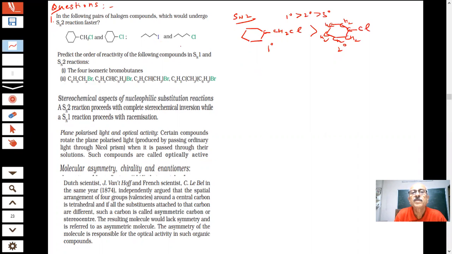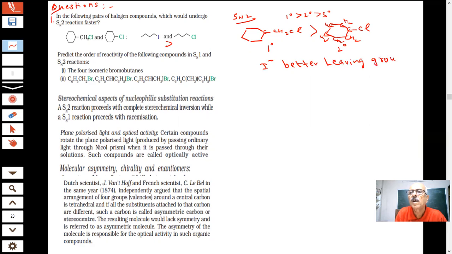You have to give the reason why this is faster than this. The reason is that I minus is a better leaving group.